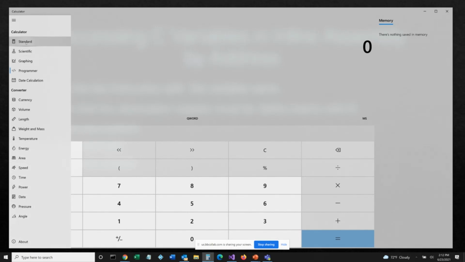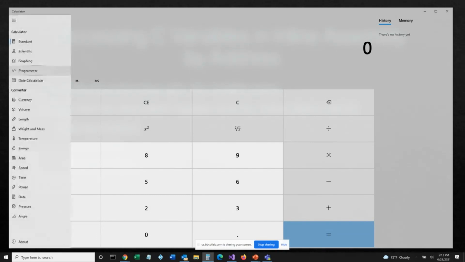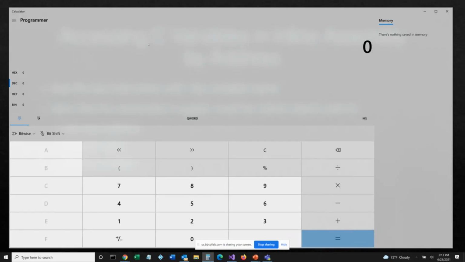When you open this calculator the first time, it's in standard mode, so you won't see any of those base values until you click over here and select the programmer mode for this particular calculator.